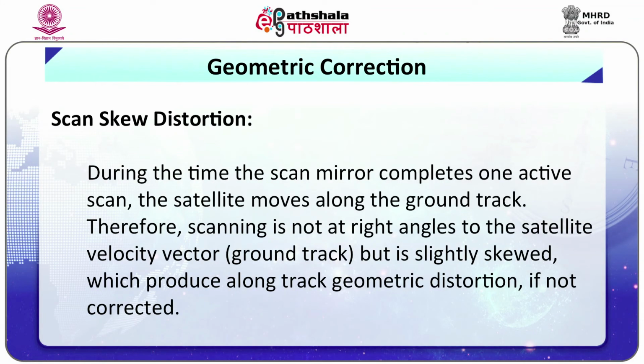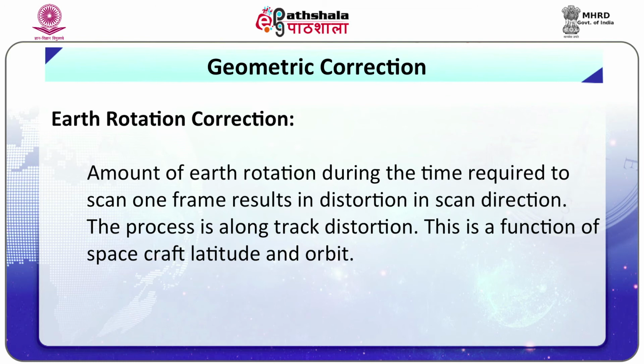Scan skew distortion. During the time the scan mirror completes one active scan, the satellite moves along the ground track. Therefore, scanning is not at right angle to the satellite velocity vector, but is slightly skewed, which produces along track geometric distortion if not corrected, as shown in figure 13.